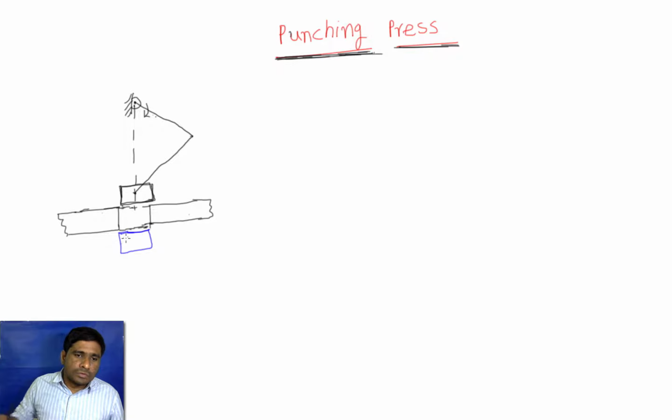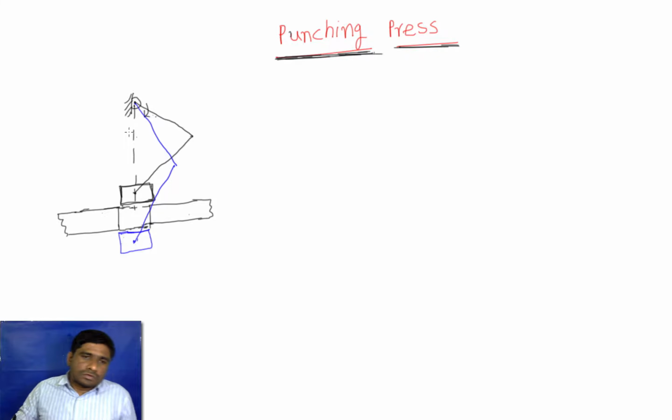So it just now completed the punching operation, and its new position is like this, and again it will rotate and make full revolution, and it will go back. So in one cycle, if you observe, in one cycle, the energy required by the engine is only during this period, only for this distance, that is the thickness of the plate.